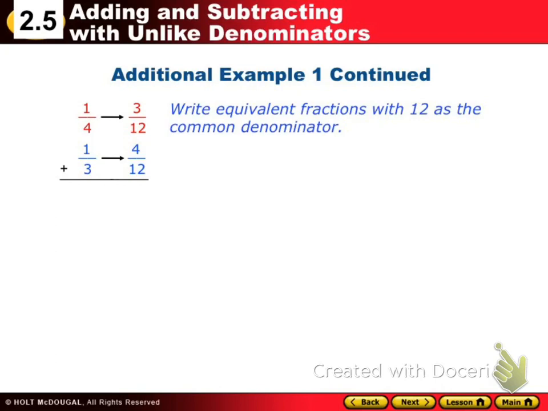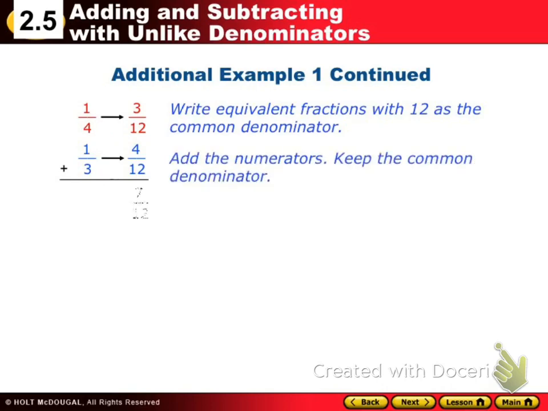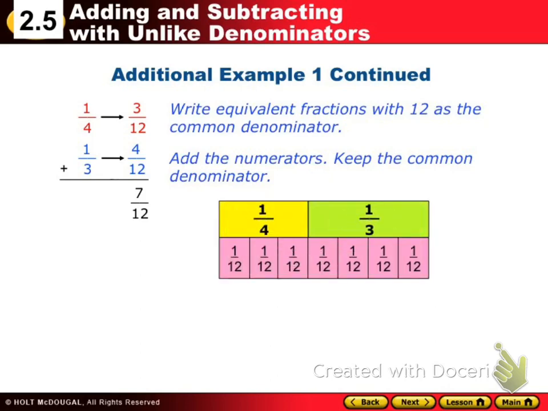We took 4 times 3, so we took 1 times 3. 3 times 4, and 1 times 4. That's how we rewrote our equivalent fractions. Now we can add them. 3 plus 4 is 7 over 12. If you look at the diagram, you can see that the common denominator is 12, and so there are 7 portions that are equivalent that equal the 7/12.